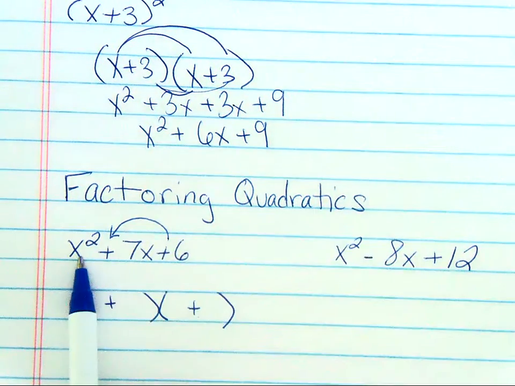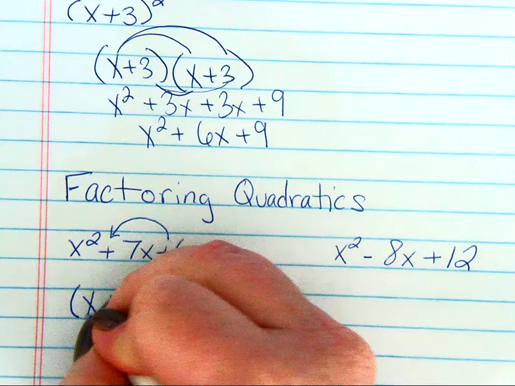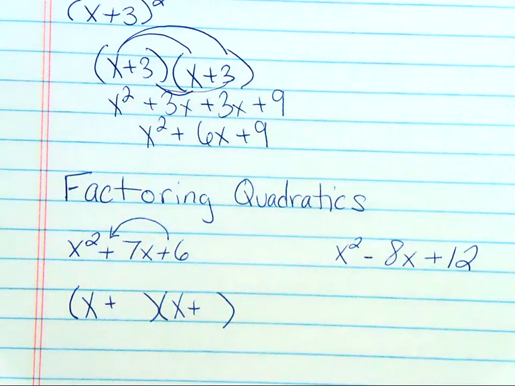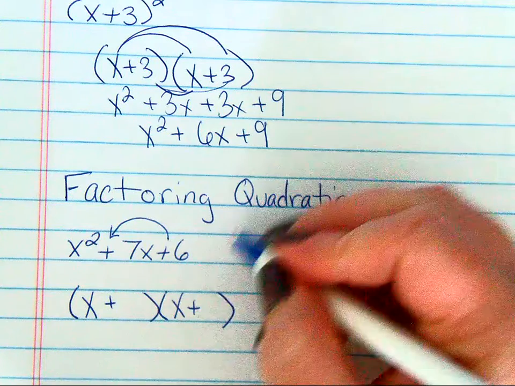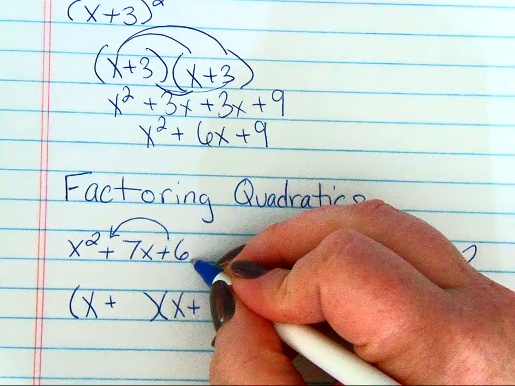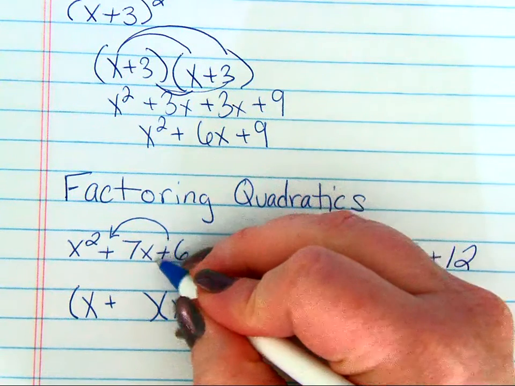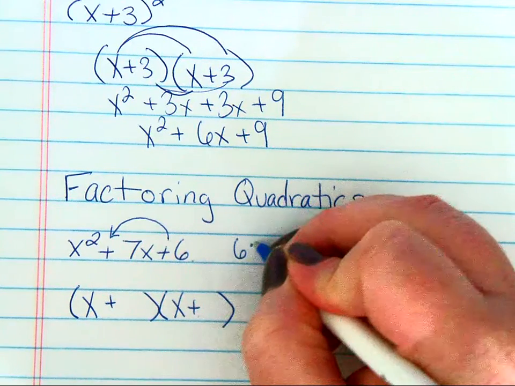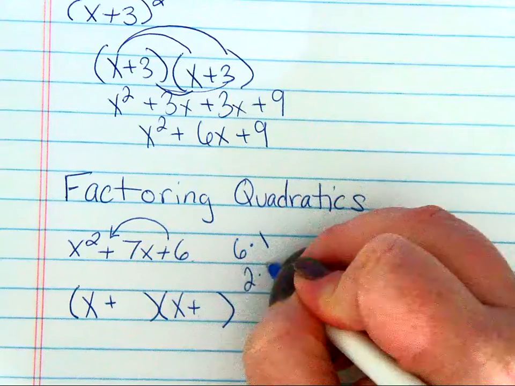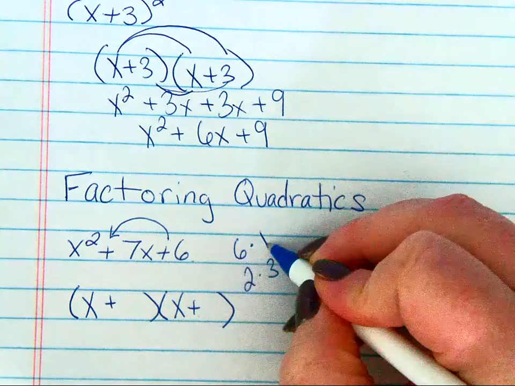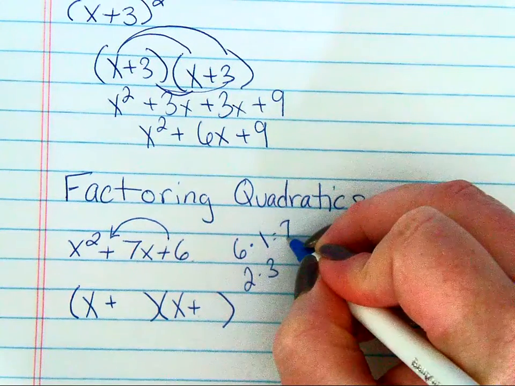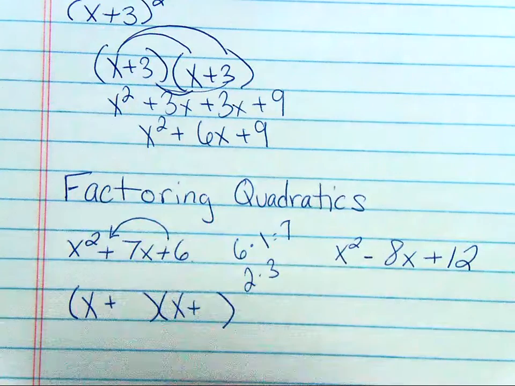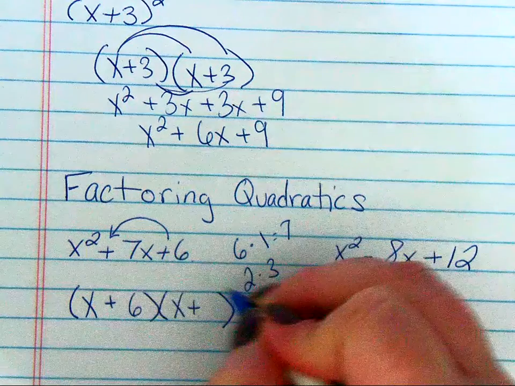My x squared gets broken up into x and x. And now I have to think of the factors of 6 that when I add them, give me 7. The factors of 6 are 6 and 1 and 2 and 3. Well, 6 plus 1 is 7. So therefore my factors are 6 and 1.